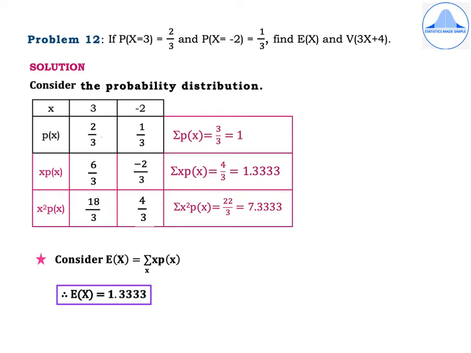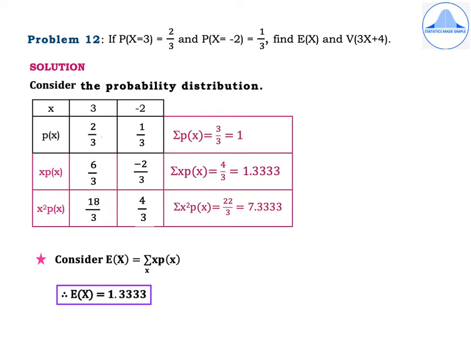So remember that the probability distribution table will have the first row as small x and the second row as p of x. Now recollect the probability formula for random variables which I have taught you. That is probability of capital X equal to small x is equal to small p of x.